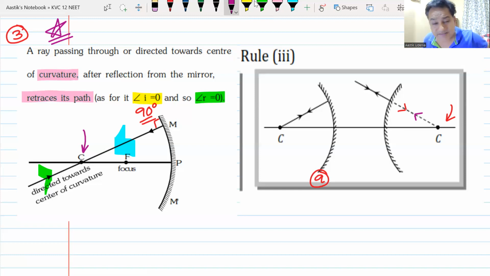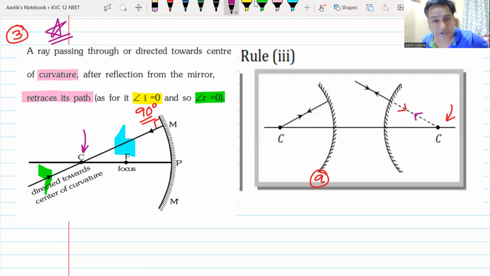And if the mirror is concave or convex, for the ray to retrace its path, it has to pass through the center of curvature. Do we understand this? Yes or no? That is rule number 3.